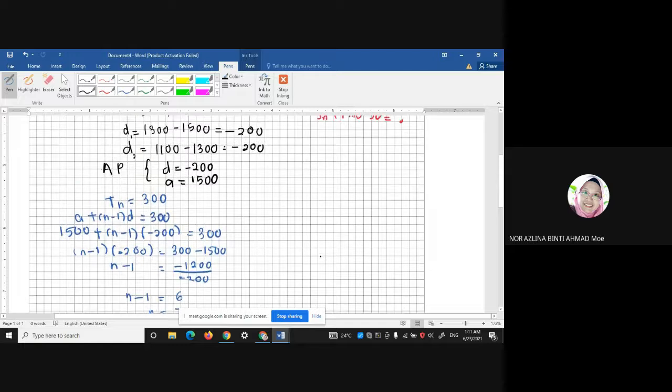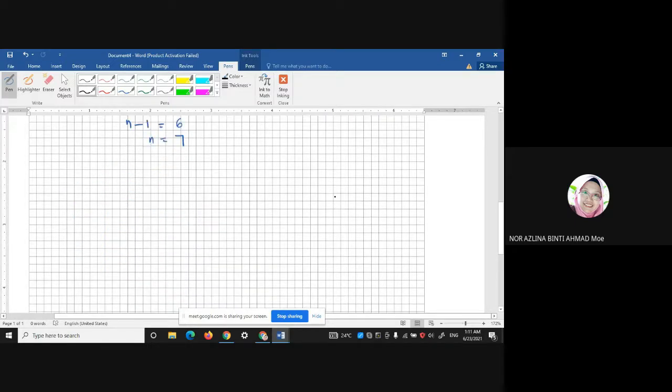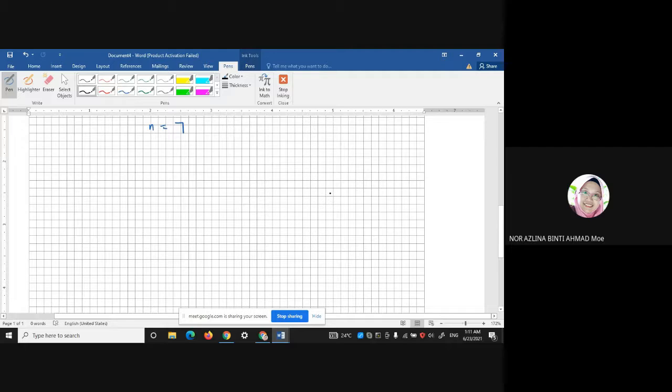Okay, jadi saya buat di sini. Ni di kanan dapat maklumat dia. Ataupun nak buat di bawah pun boleh. Okay. So Sn sama dengan N per 2, 2A tambah N tolak 1D. So S7 sama dengan 7 per 2, 2A. A kita tadi berapa? 1,500 hari pertama.